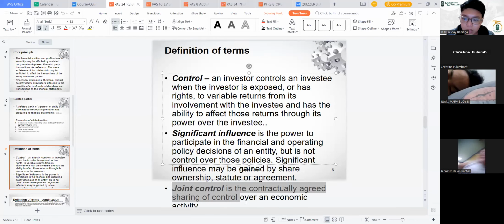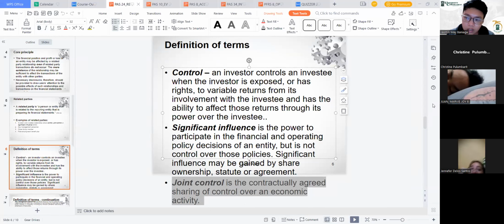Whereas joint control or joint ventures or joint agreements is the contractually agreed sharing of control over an economic activity. Usually joint control is on a short-term basis or per project basis. It does not really possess a longer duration of agreements.